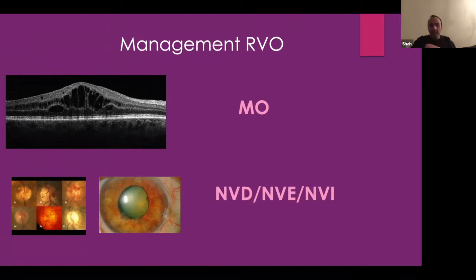These should be urgent anyway, but we would want to laser them pretty quickly, because if they've got so much ischemia that they've already developed NVD or NVI, we laser the peripheral retina to stop that angiogenic drive. And laser can ironically make the macular edema worse, but you can start anti-VEGF for macular edema as well.